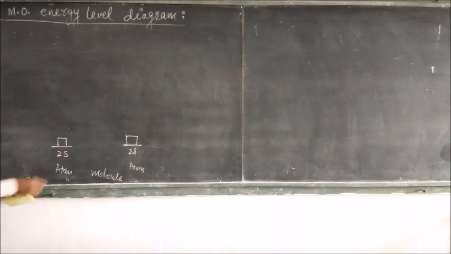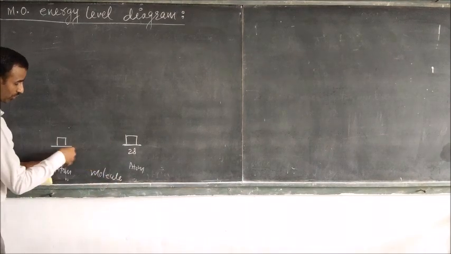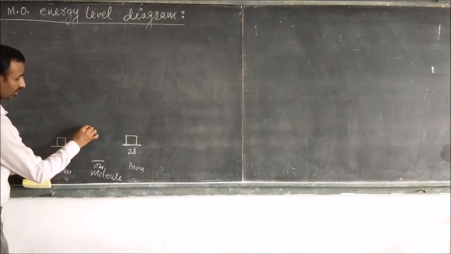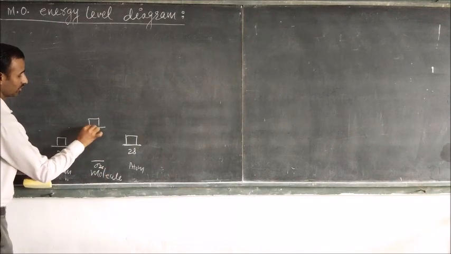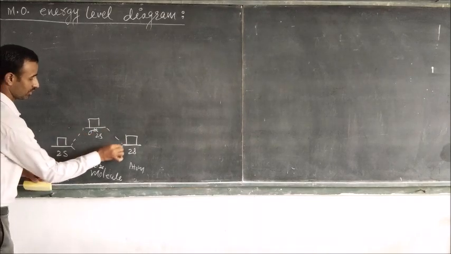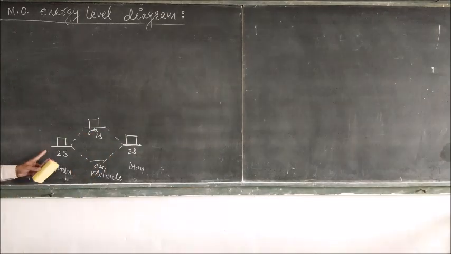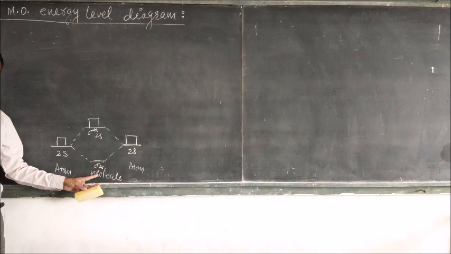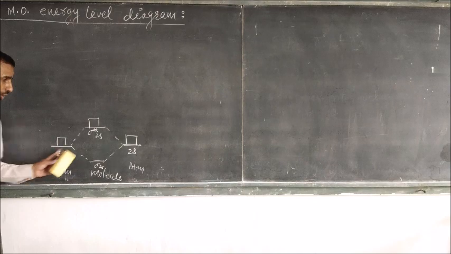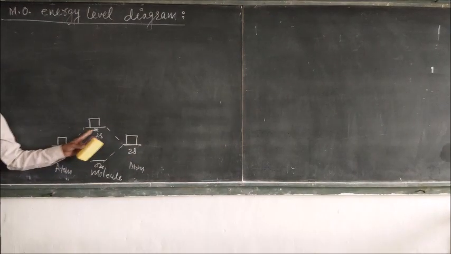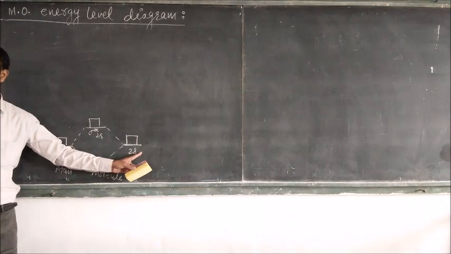For the molecule, 2s and 2s form sigma 2s and sigma star 2s. Sigma 2s is of lower energy than the pure atomic orbitals. Sigma star 2s is of higher energy than the atomic orbitals.